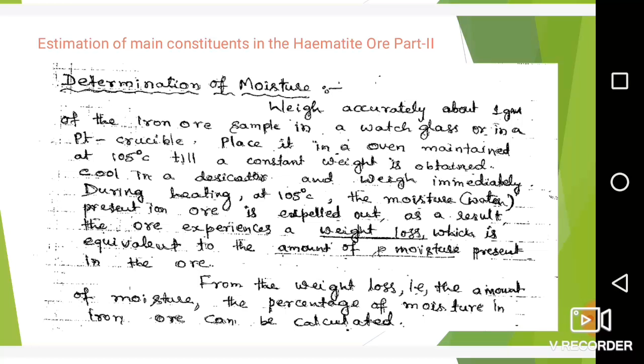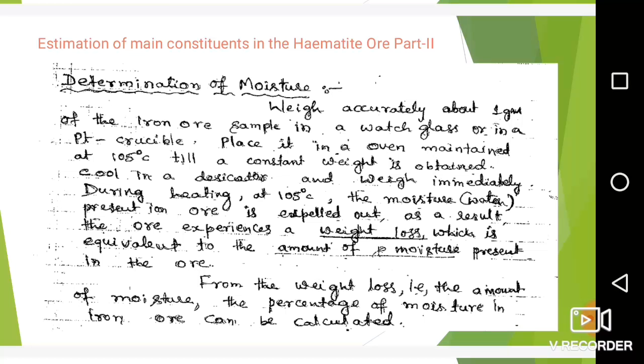During heating at 105 degrees Celsius, the moisture present in iron ore is expelled out. It gets evaporated. As a result, the ore experiences a weight loss which is equivalent to the amount of moisture present in the ore.